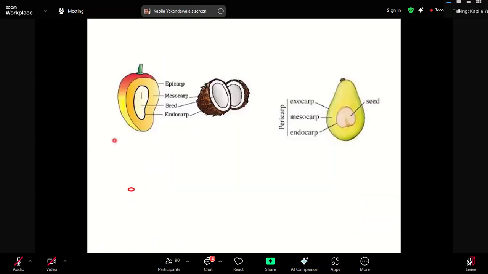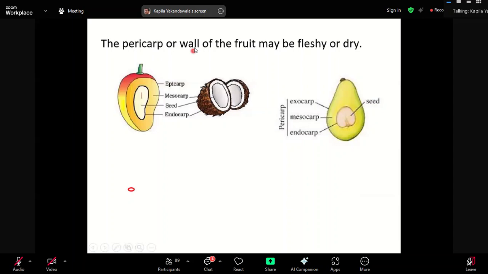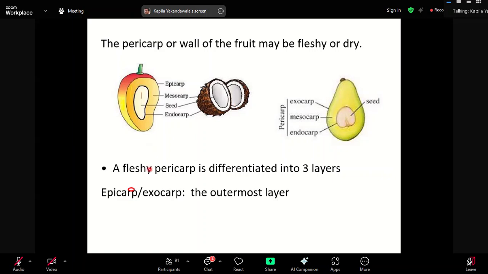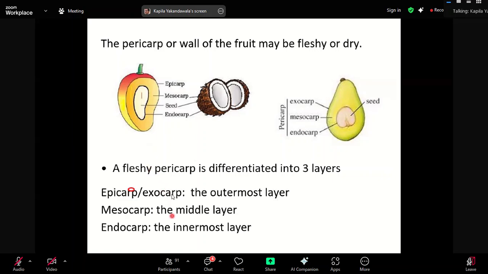Okay. With that, let me move to the last topic of this chapter, fruits. If you look at the wall of the fruit, or pericarp, it can be either fleshy or dry. In the case of a fleshy pericarp, it is usually divided into 3 layers.